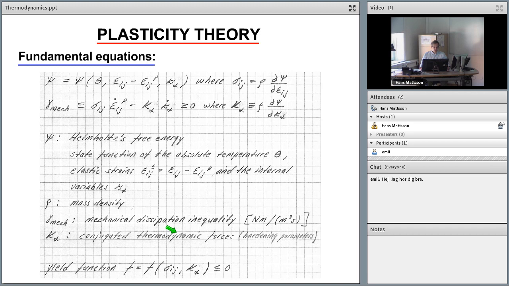And the yield function should be smaller or equal to 0 as we limit between elastic and plastic deformations.